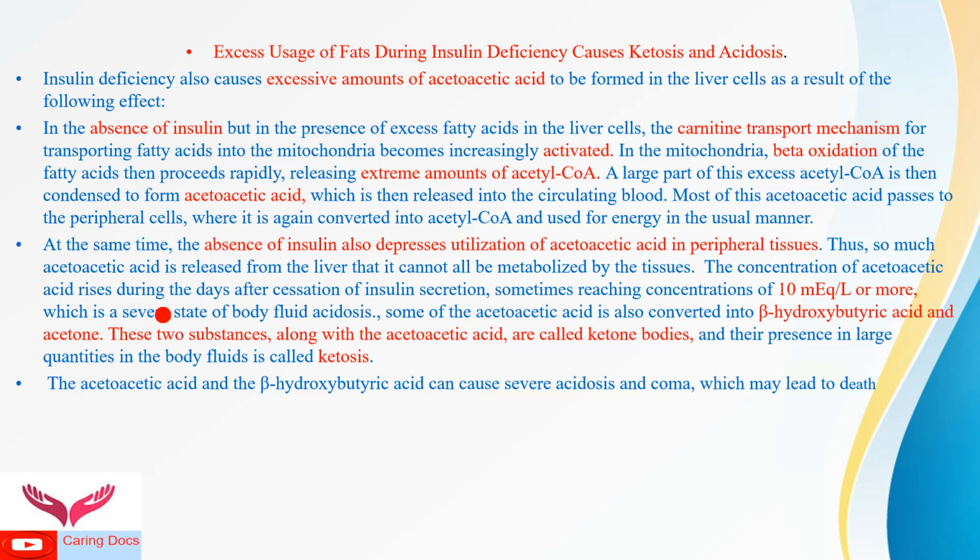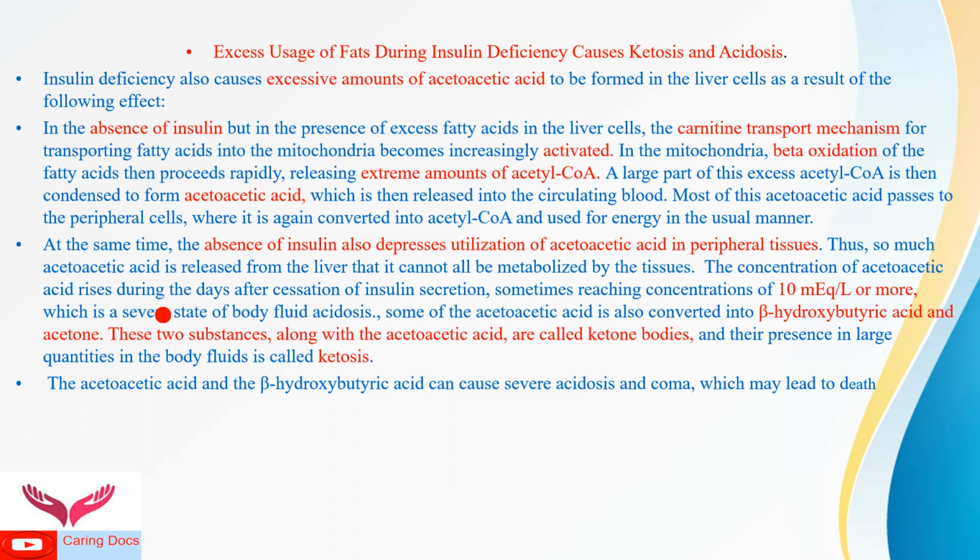Insulin deficiency actually causes an excess amount of acetoacetic acid to be formed in the liver, because in the absence of insulin there is excess presence of fatty acid in the liver, and the carnitine transport mechanism gets activated in the mitochondria.